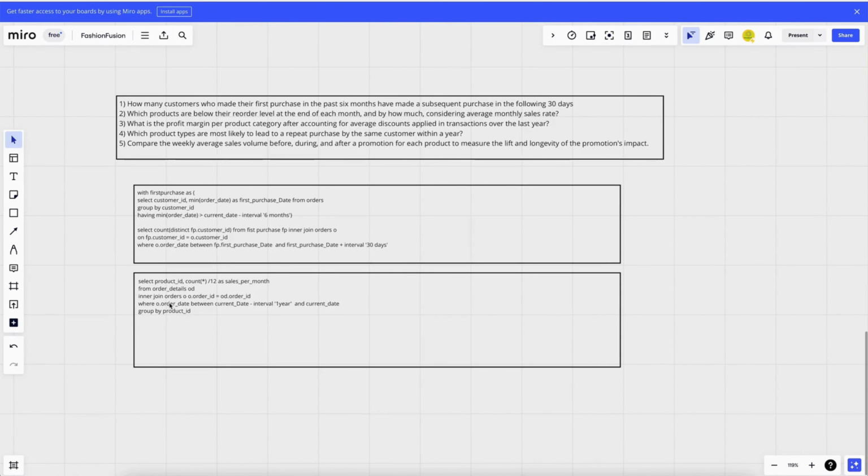So no need to maintain any alias here because order date is in the order table and product ID is in the product table. So that will be group by product.